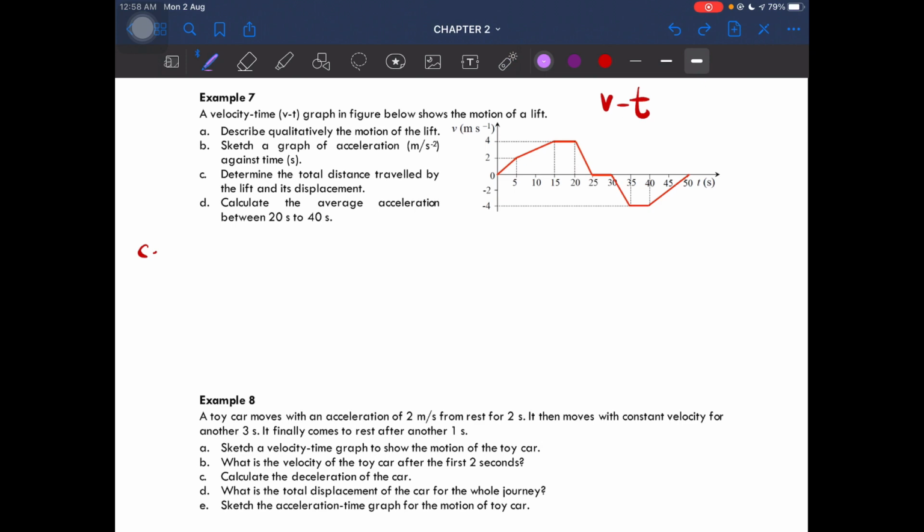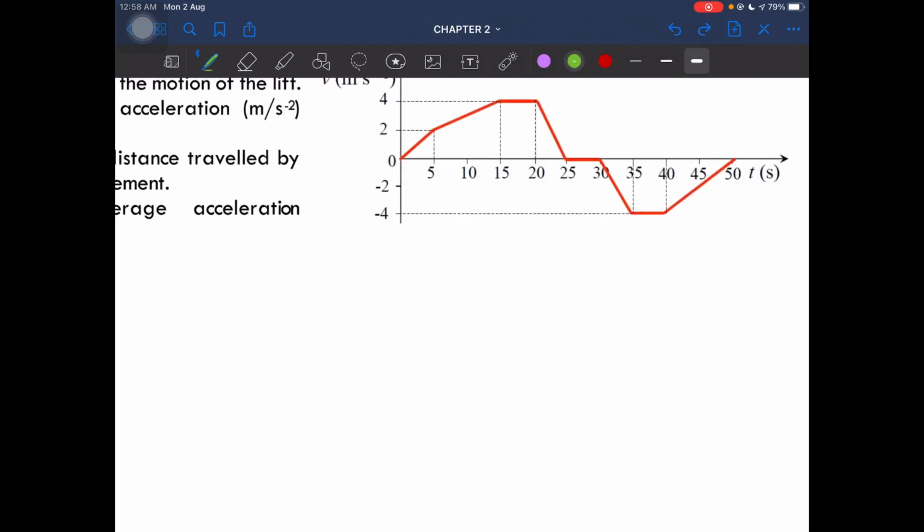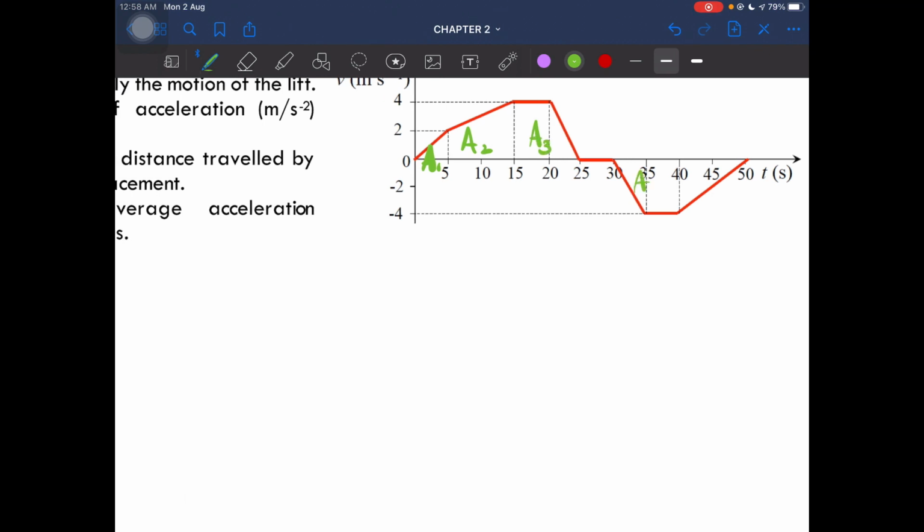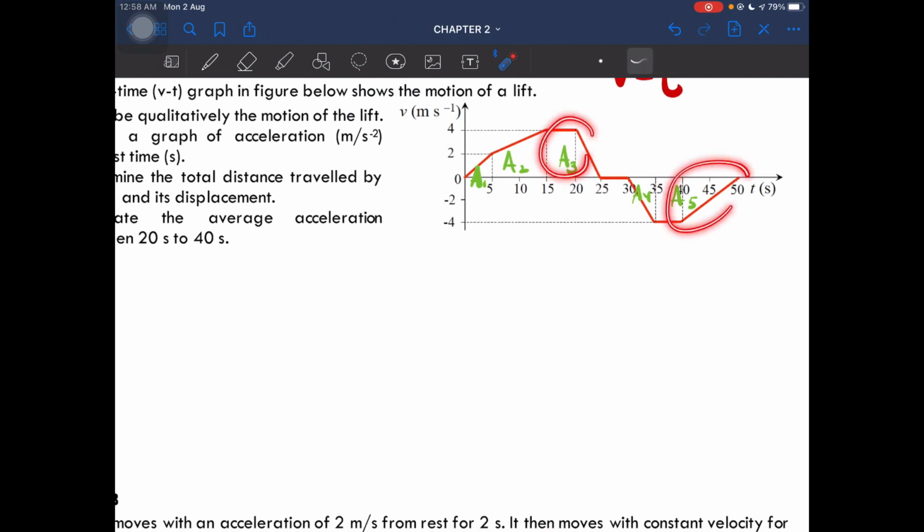Okay, so let us label each area. So this one I would call area 1. This one is area 2. This one is area 3. This one is area 4. This one here is area 5. Okay, so this one is trapezium.